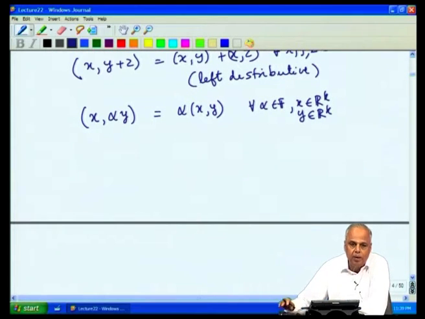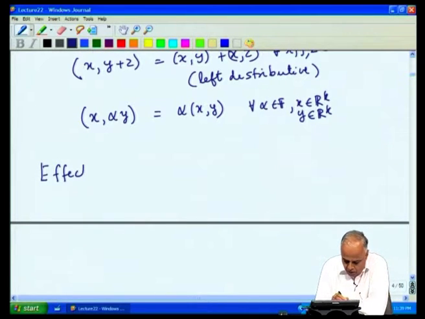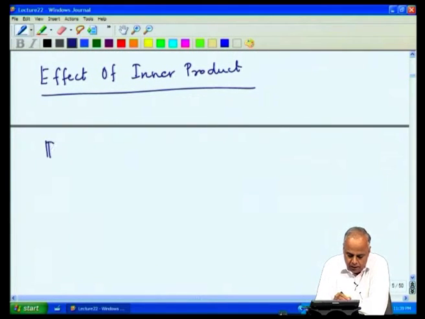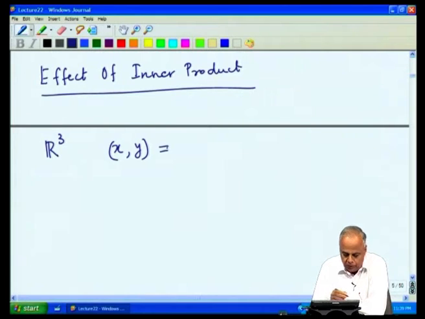What does this inner product give us? So, the effect of inner product. If you recall, again look at R 3. Now, for x comma y in R 3, which is the dot product, now we are going to denote by this notation, is summation j equal to 1 to 3 x j y j.